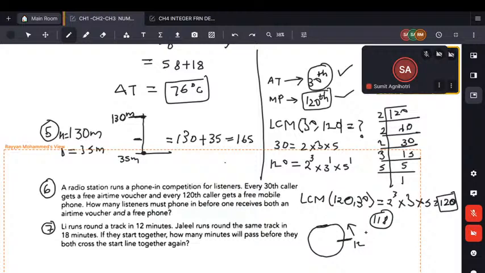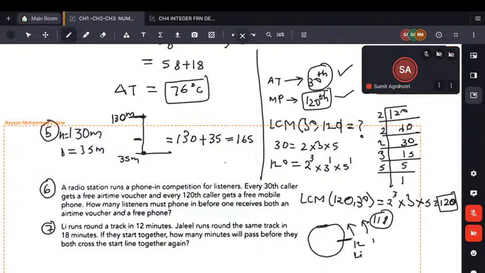And the same thing is done by Zalil in 18 minutes.